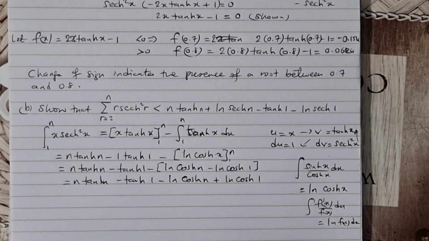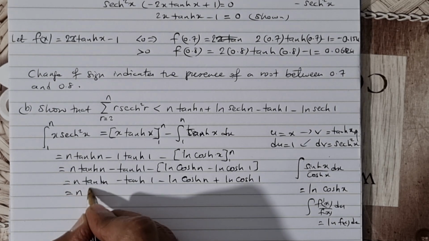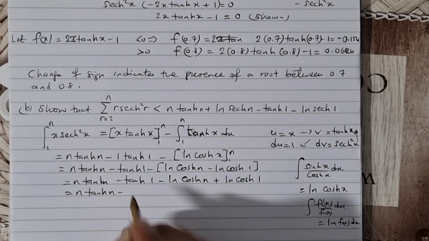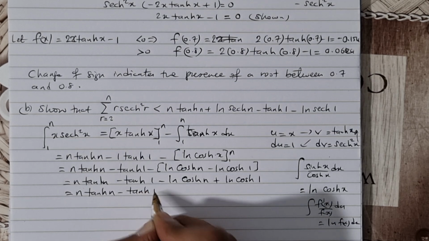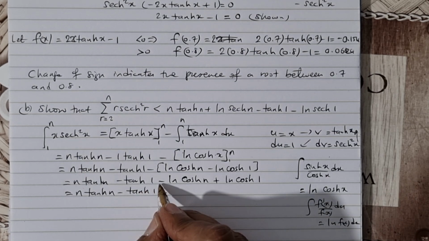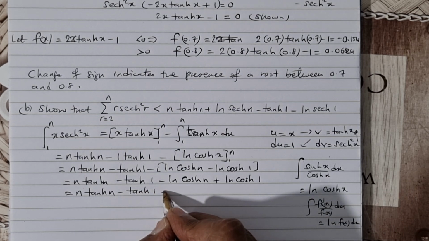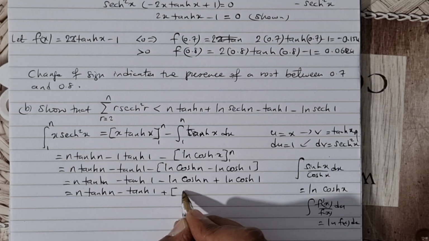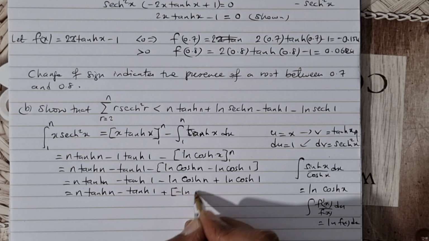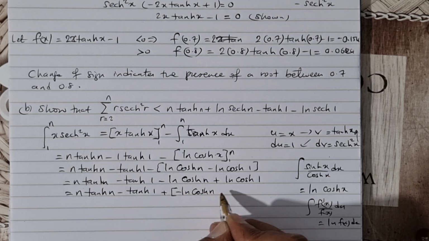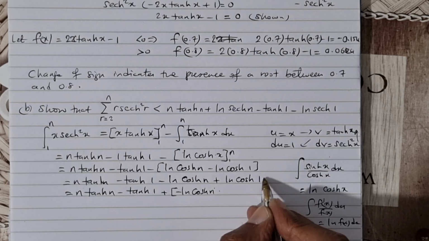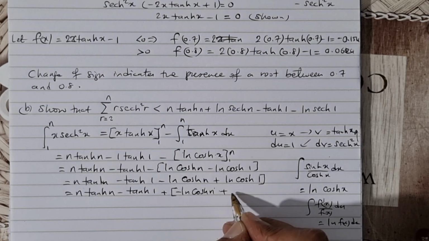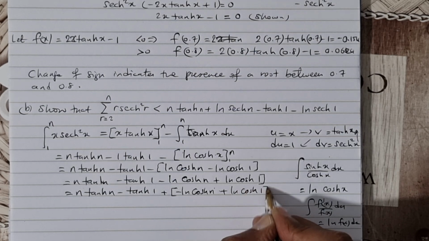So let's go further here. n tanh n minus tanh 1, minus. The minus can become plus, and I can open a bracket here, put a minus here, ln cosh n, plus, all right, let's do the plus here, plus ln cosh 1.